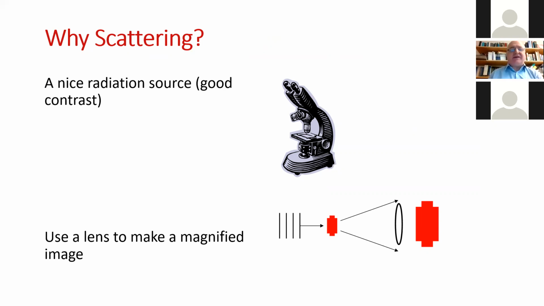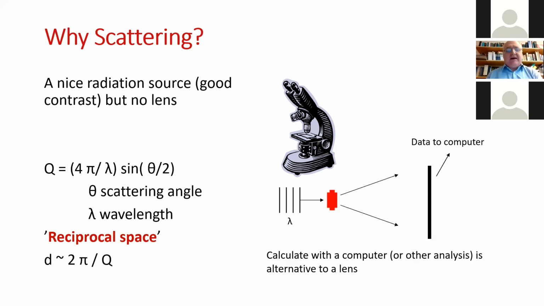We don't have so many lenses for neutrons, but if we have this system of shining light with a certain wavelength at an object, and we have a detector, we know what the lenses would do, and so we can calculate with a computer what the pattern of scattered light would be, and we can compare that with observations on a detector even without a lens.